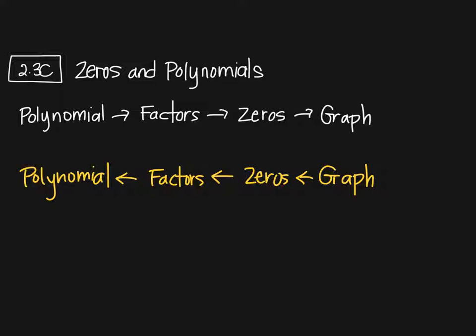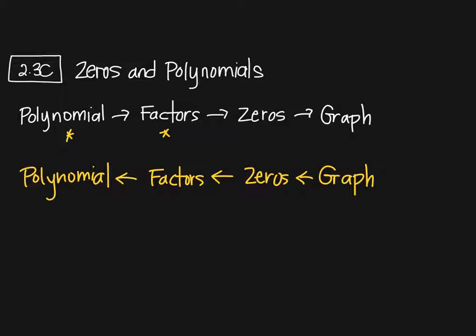You might be dropped into that process at different places. If you are given a graph, then you are truly starting at the very beginning. If you are given zeros, then you're starting one step into the process. Just like going forward, you could start with a polynomial, or sometimes you get lucky and start with factors, and then you're one step further in already.